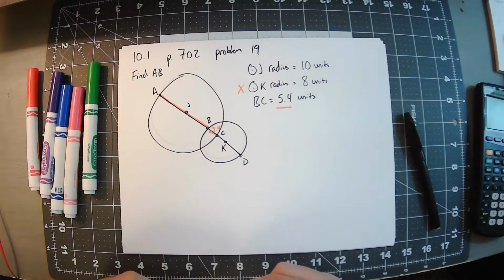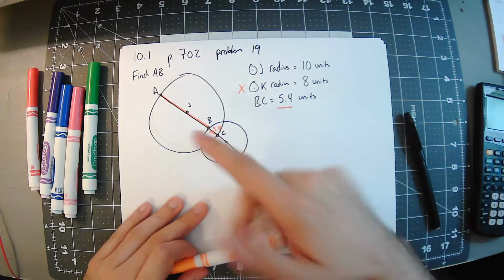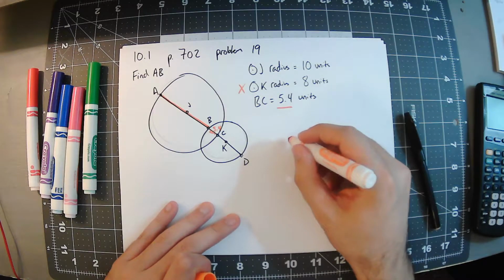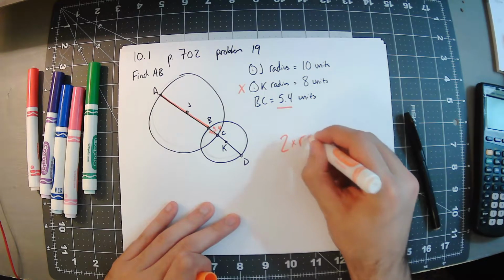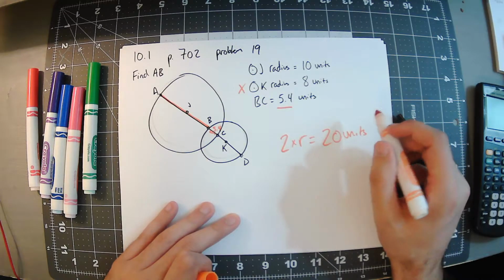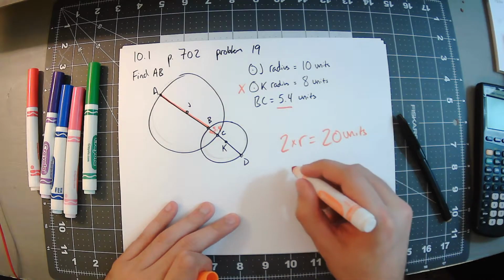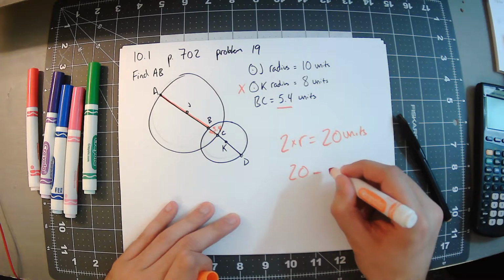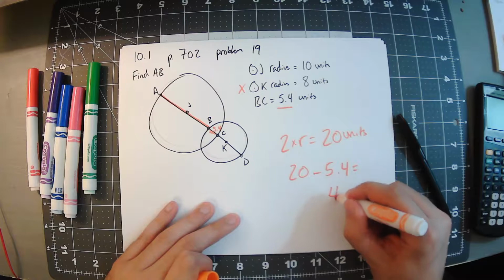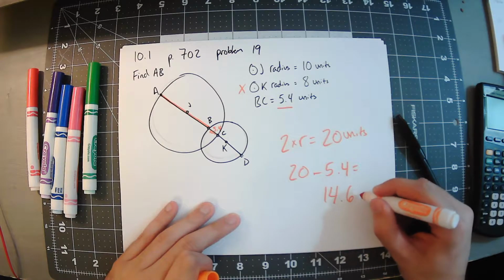So what we're going to do is find the whole length of this circle and then take away 5.4. The whole length of the circle is twice the radius, so it would be 20 units long total. And then we're going to take away 5.4, and we get 14.6 units long.